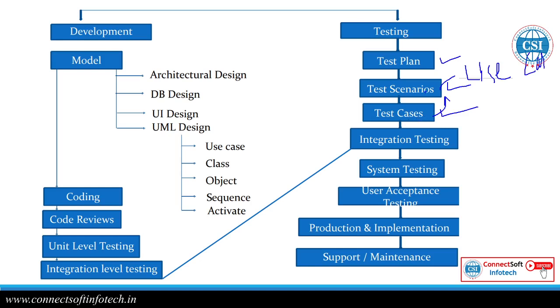Test cases are derived from the test scenarios, then execution of test cases, then integration testing, system testing, acceptance testing, and production, then support and maintenance. So this is the complete process involved in the QA team.